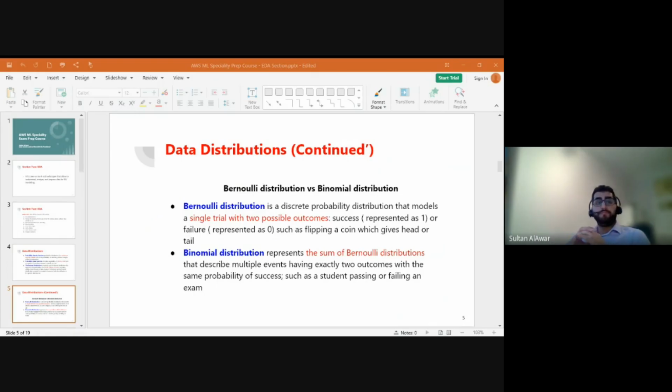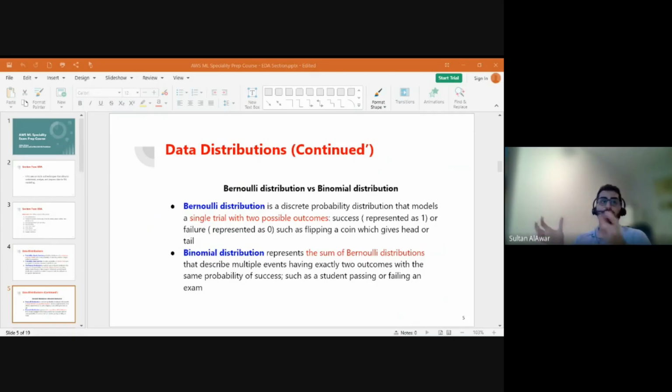Whereas the binomial distribution represents the sum of Bernoulli distributions. It's the same idea as the Bernoulli distribution, where it's discrete and models two possible outcomes, success or failure, 1 or 0. But within the binomial distribution, we can have different trials.